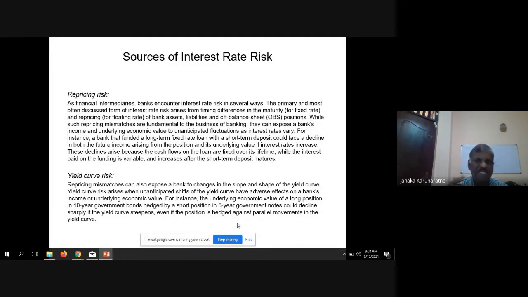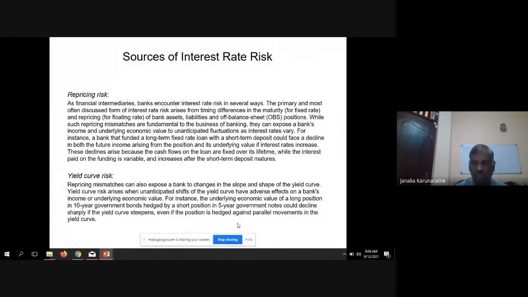Repricing means whenever the interest rate changes in the market, you have to reprice. Repricing means the interest rate adjustment which you are doing at different points. Let's say if you have more short-term liabilities than assets, your liabilities have to be repriced at shorter intervals. So your price gets adjusted at shorter intervals compared to your assets.